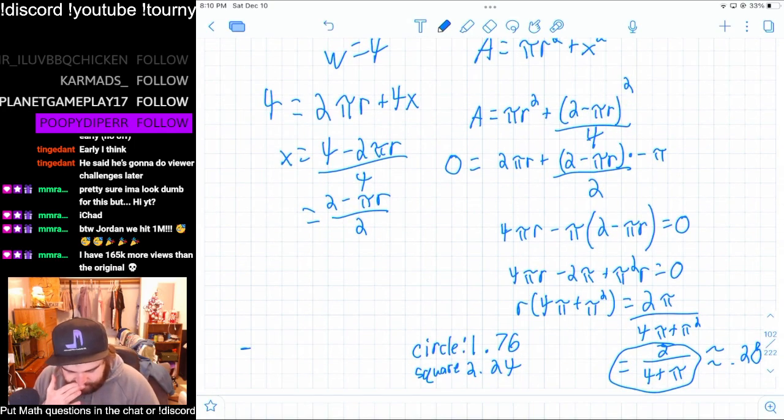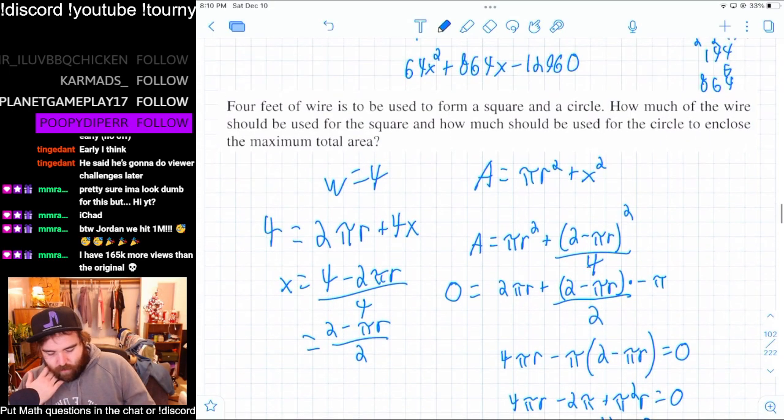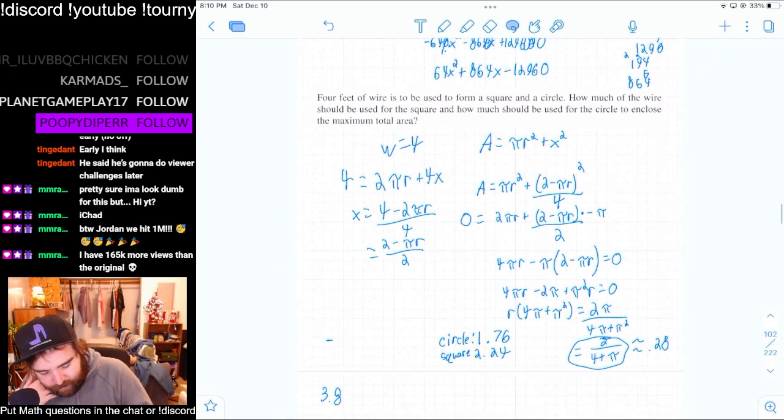I definitely had all that stuff distributed. I multiplied everything by 2 properly. And the derivative of the inside is negative pi. It's so frustrating.